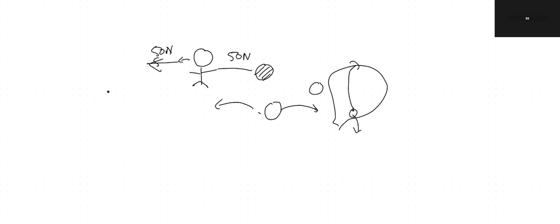Another example we can take is the Earth and Moon. The Moon revolves around Earth. We know that Earth's mass is much more than Moon's mass. So Earth has more mass, meaning less acceleration, and Moon has less mass, meaning higher acceleration.